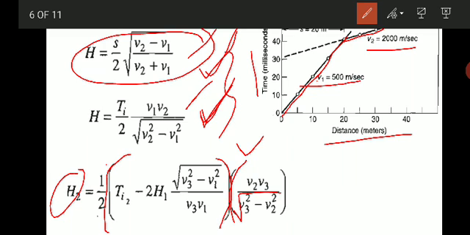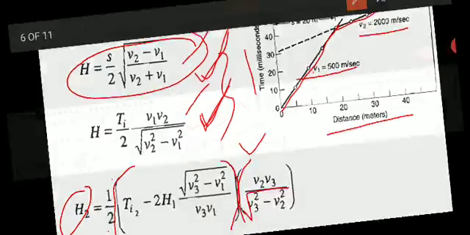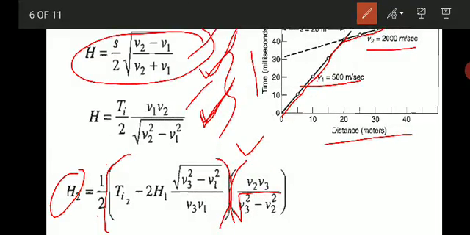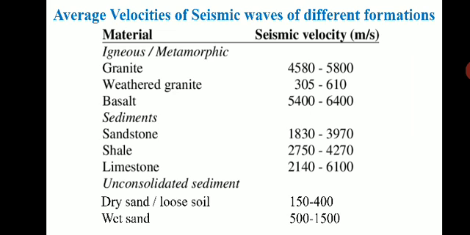So this is the formula for finding the velocities of the seismic waves or the thickness of the strata present at that particular area of interest. Like this the formula will continue for different layers.